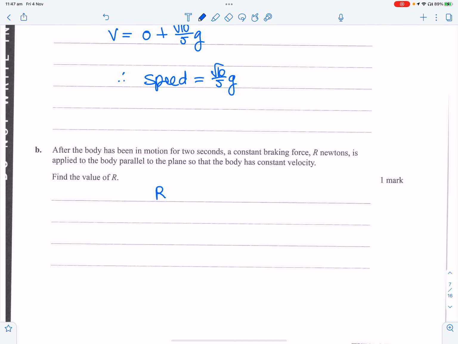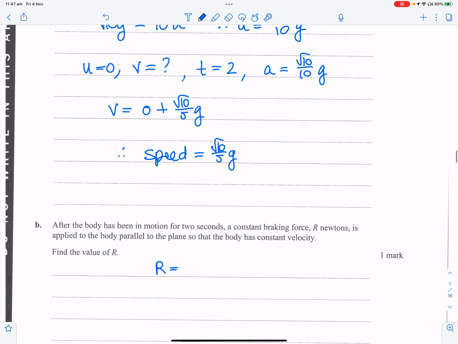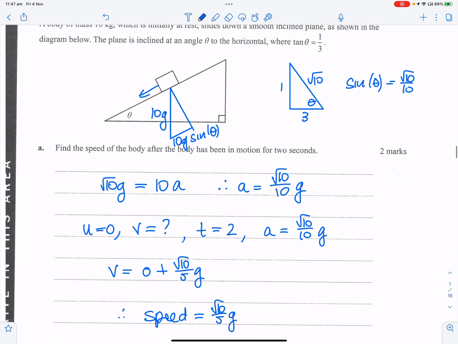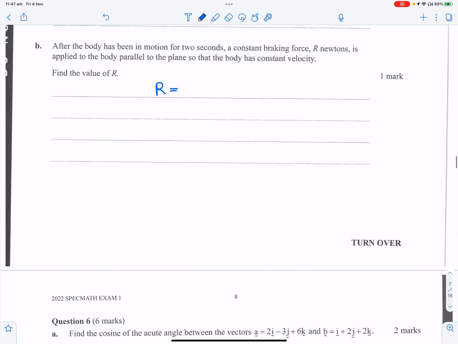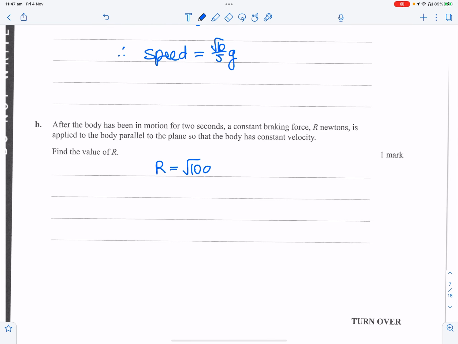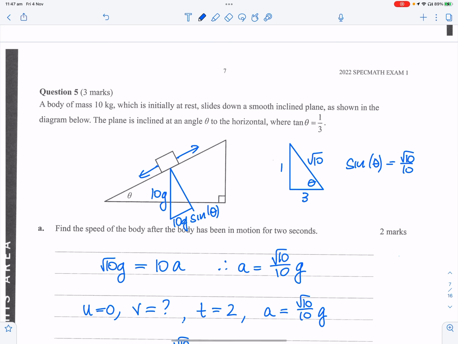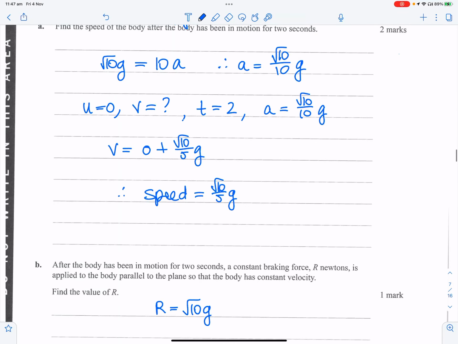So our resistance force must equal this 10g sine theta, which is just root 10g, because it's got to be in equilibrium. That force and that force have to be equal. You could say root 10g down minus the resistance force is equal to our mass times our acceleration, which is 0. And you can see you get R is equal to root 10g.